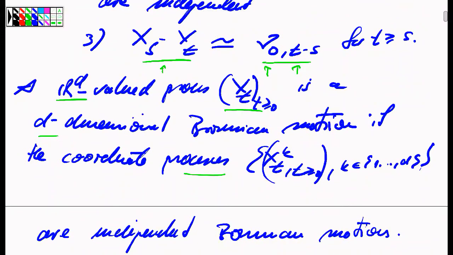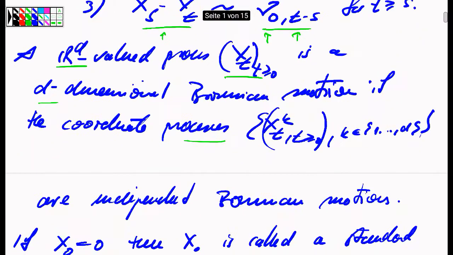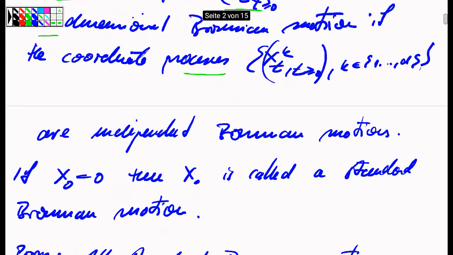If that's the case, then you call this process a d-dimensional Brownian motion. If additionally the process starts in the origin, then you call this process a standard Brownian motion.